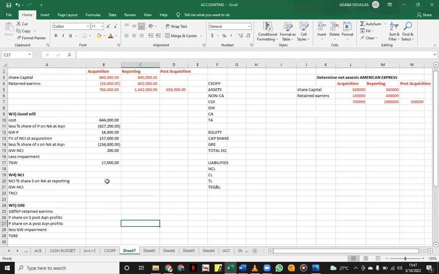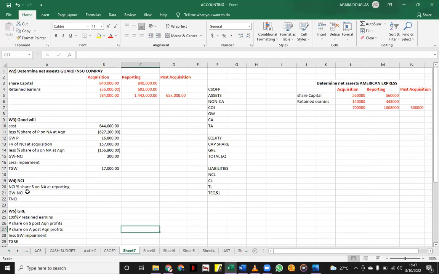So we'll move on to working four, which is NCI. And like we've been doing, we'll simply say NCI, and it is NCI percentage of the net assets at the reporting date. So we'll say equals to 20% times the value at the reporting date.